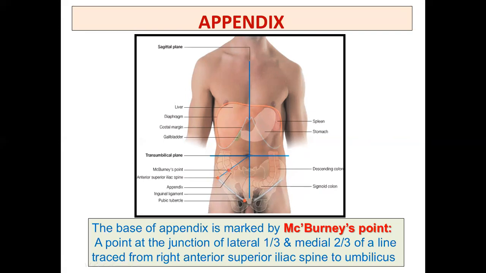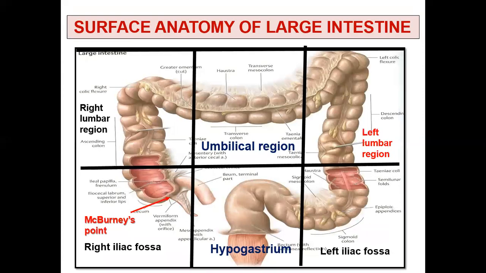This is the site where we can mark the base of the appendix, and this is the site of severe abdominal pain if there is any infection of the appendix. So this is called McBurney's point. If you divide the whole abdomen into quadrants, this is McBurney's point.